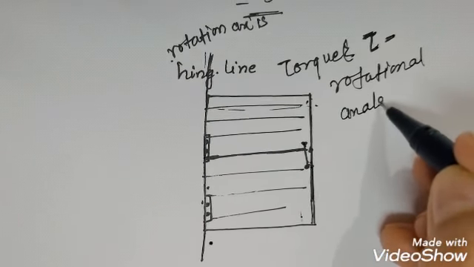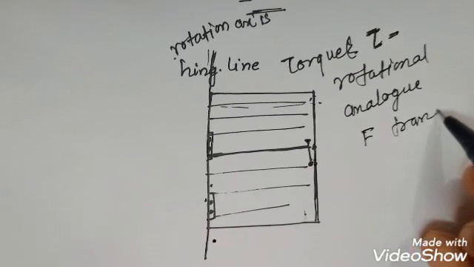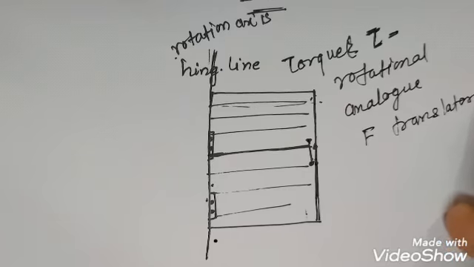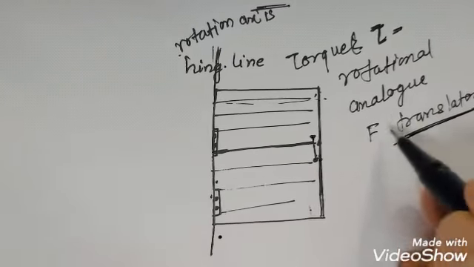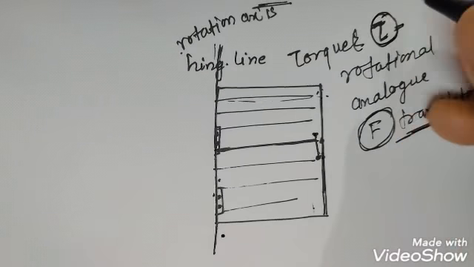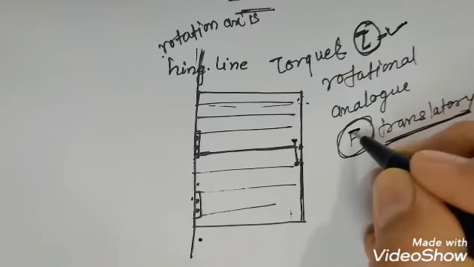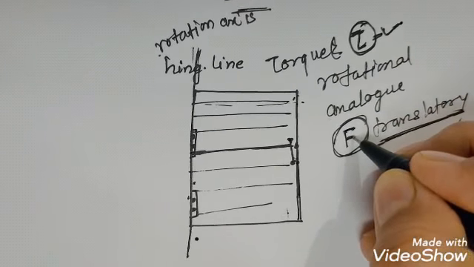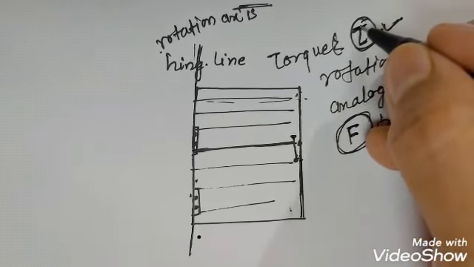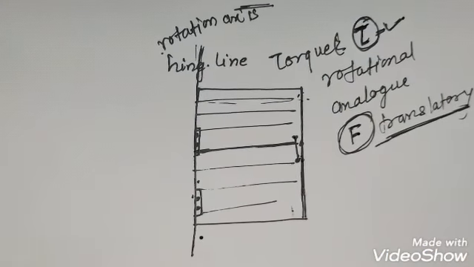That means whatever work is done by the force in translatory motion, the same work is done by the torque in rotatory motion. Okay, so the force is responsible to produce acceleration. The same way the torque is responsible to produce rotation, the rotational motion.